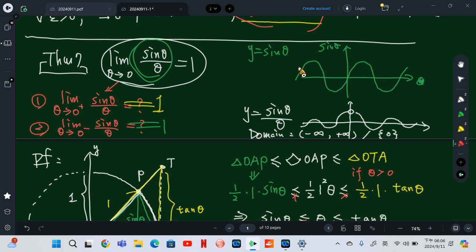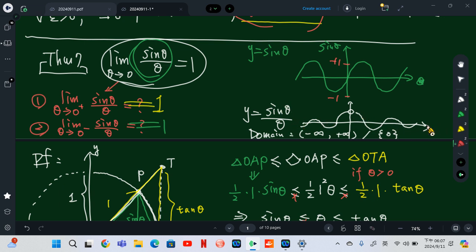For sine theta, it's a periodic function, so you can see the value always travels back and forth between positive 1 and negative 1, right? But sine theta over theta will be different.